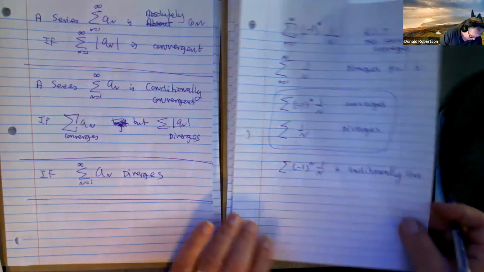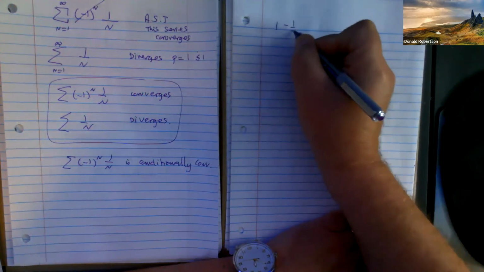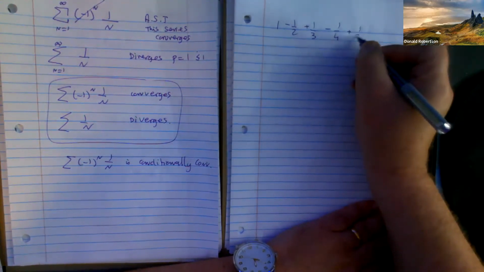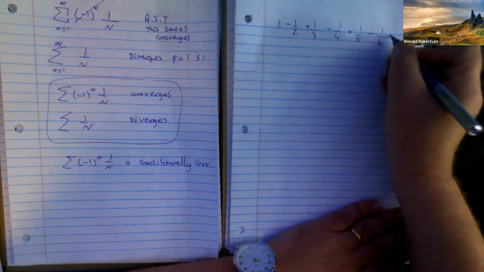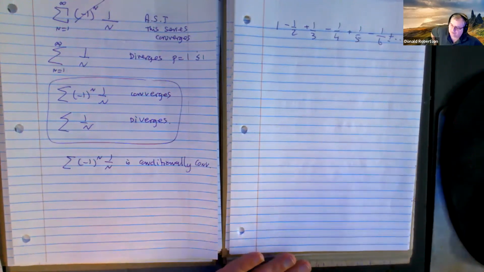Give you an example. 1, take away a half, plus a third, take away a quarter, plus a fifth, minus a sixth, forever. That is a conditionally convergent series.